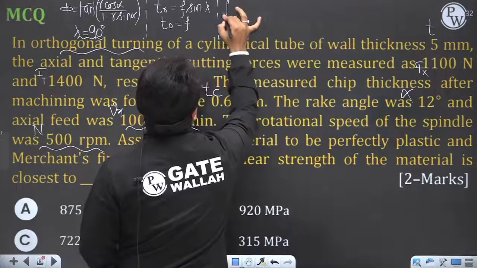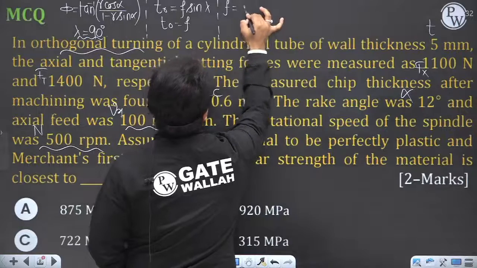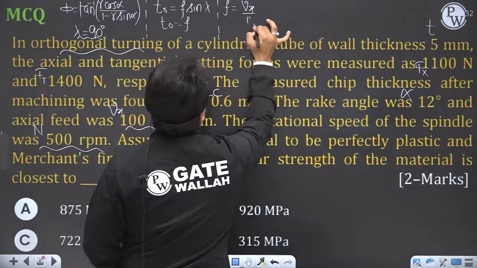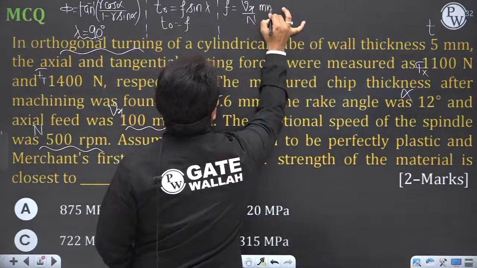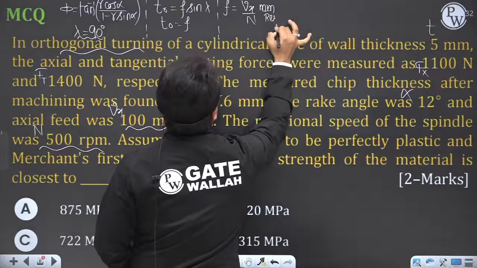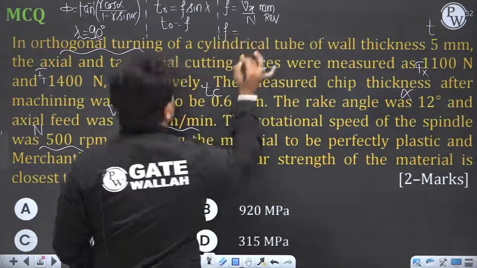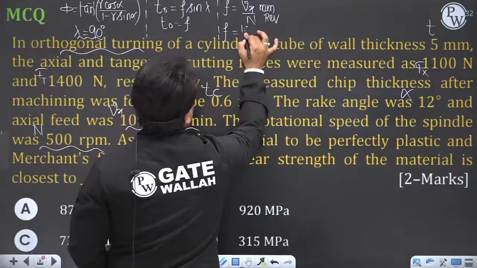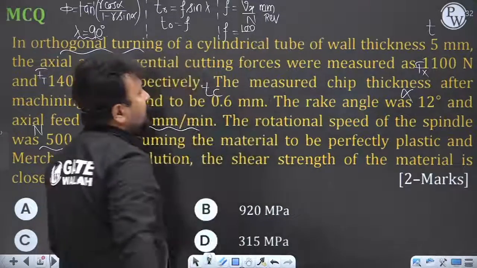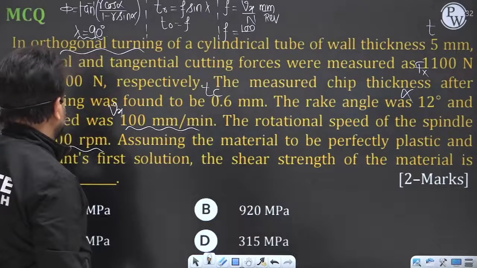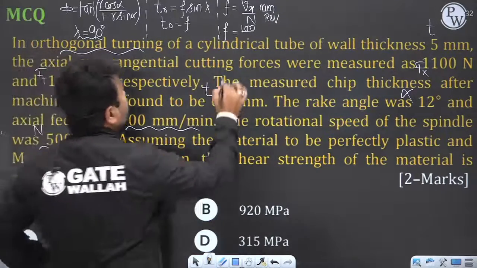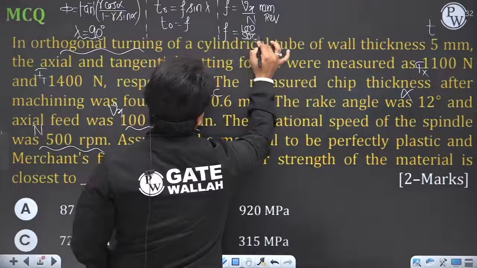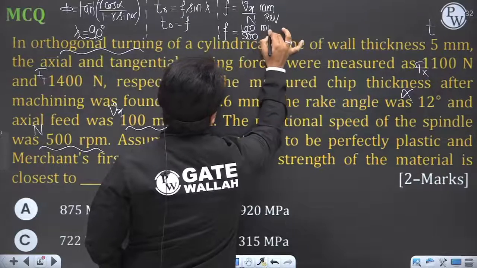Feed is tool feed divided by RPM, then it will become mm per revolution. So what is Vx? Tool feed, 100 mm per minute, divided by RPM. RPM is 500, right? Mm per revolution.